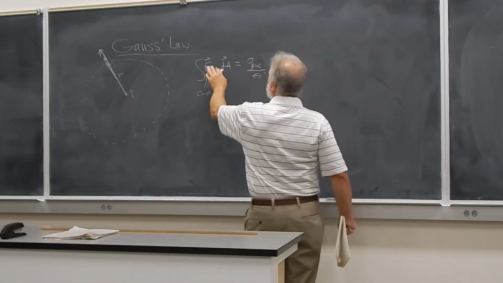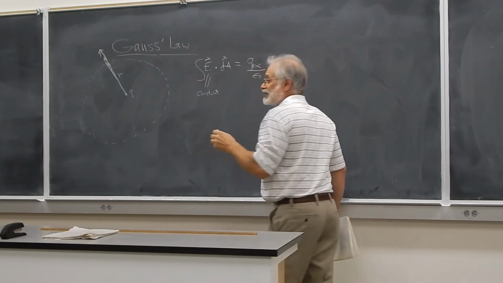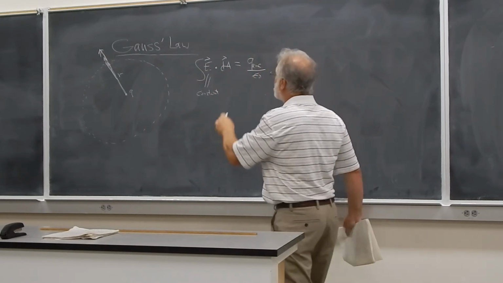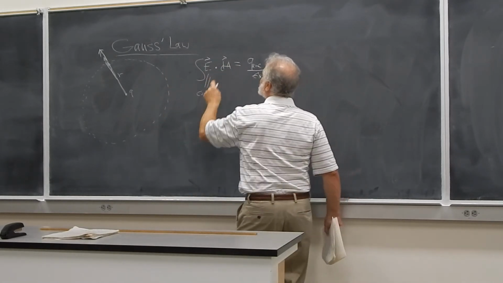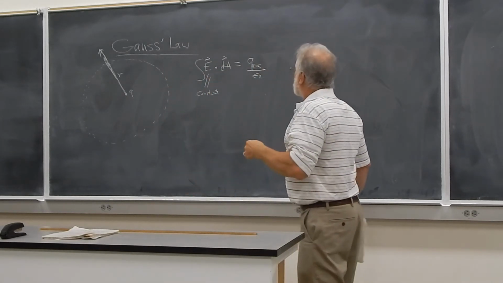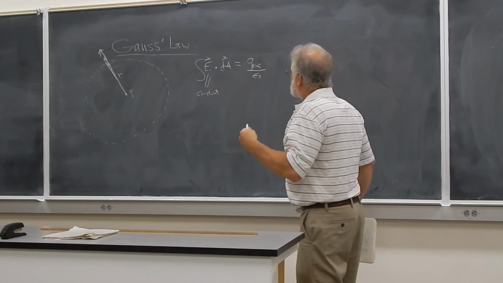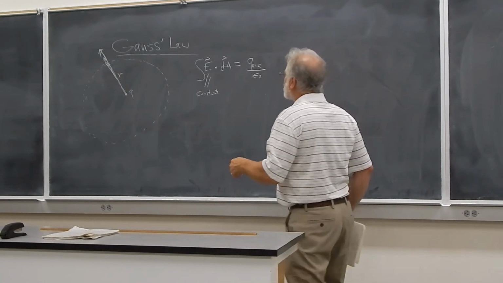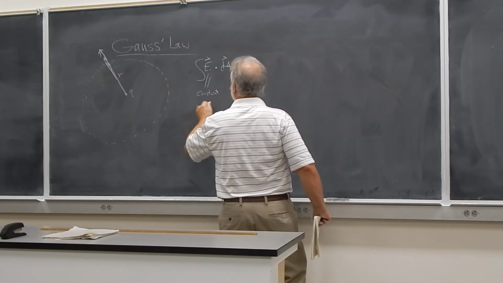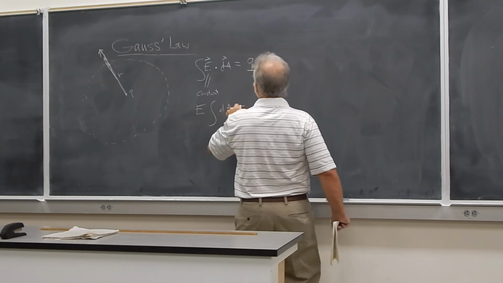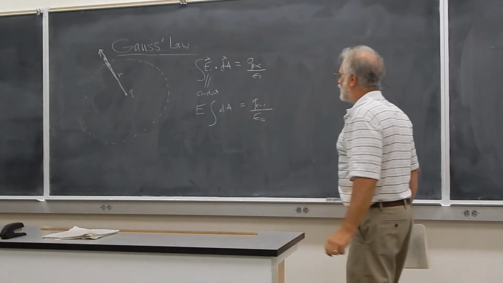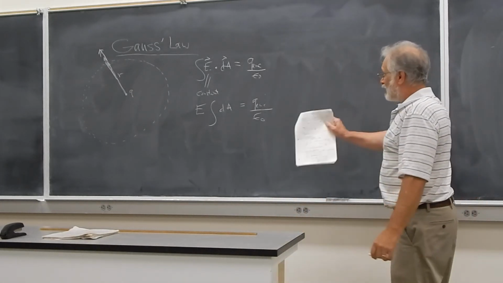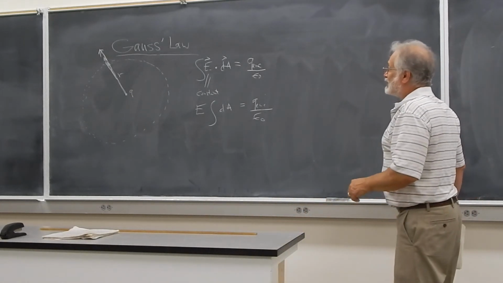So that makes my integral simpler in two ways. One, because E is a constant, I can pull it outside of the integral. And because E and dA point in the same direction, I can very simply write E times the integral of dA is equal to Q enclosed divided by epsilon naught. And of course, now I'm only having to integrate dA.